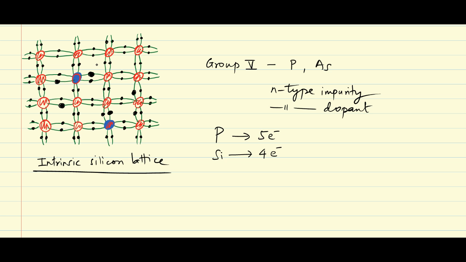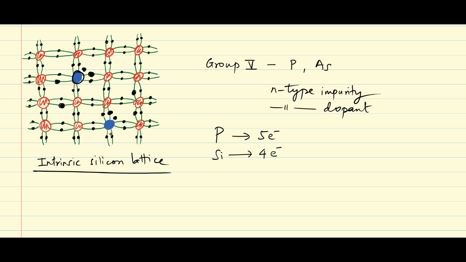So I will now proceed to show that extra electron associated with every phosphorus atom. It's the 5th electron of phosphorus. So this is one electron associated with this particular atom, and likewise for the other phosphorus atom I can show the 5th electron over here.